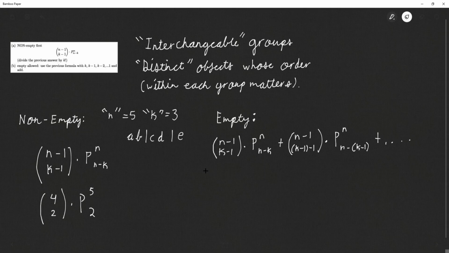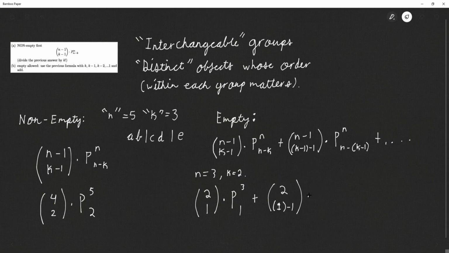So to make this a little bit easier of an example, we're going to have our n equal to 3 and our k equal to 2. So the way this would be done is n minus 1, which gives us 3 minus 1, which is 2, and then k minus 1, which gives us 1. And we're going to multiply it with the permutation of n, which is 3, and then n minus k, which gives us 1. Now we're going to add it with our n minus 1 again, which is still 2, but now we're going to do k minus 1, 2 minus 1, which gives us 1, and we're going to subtract 1.